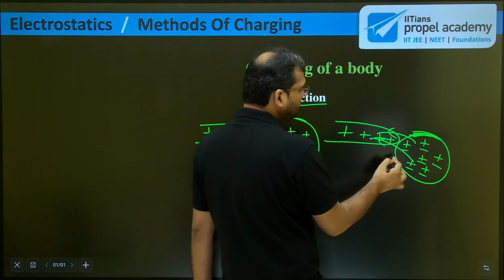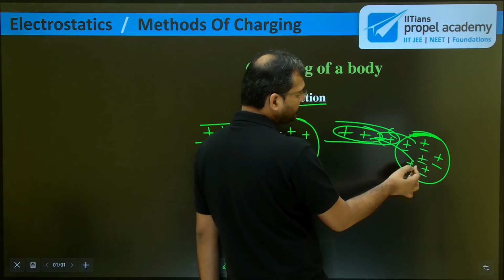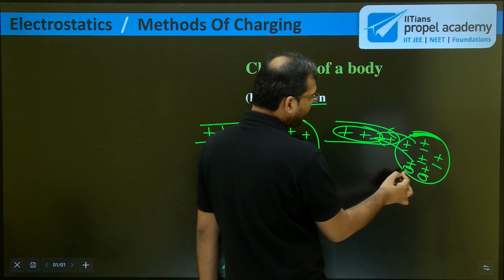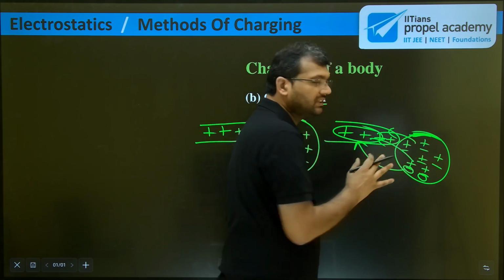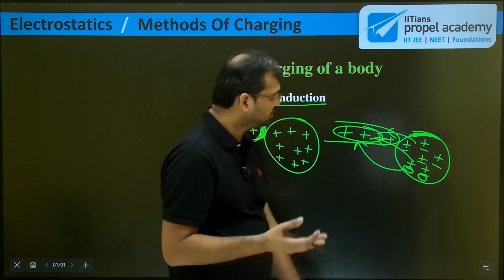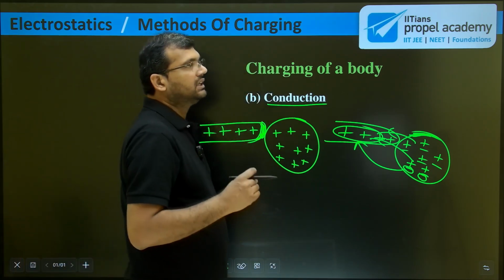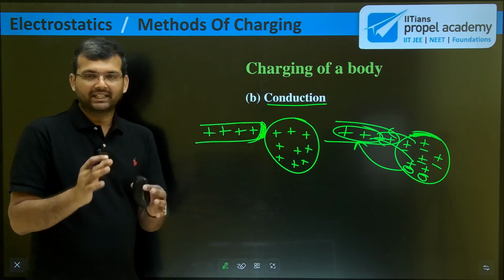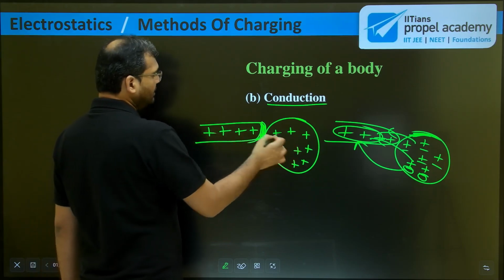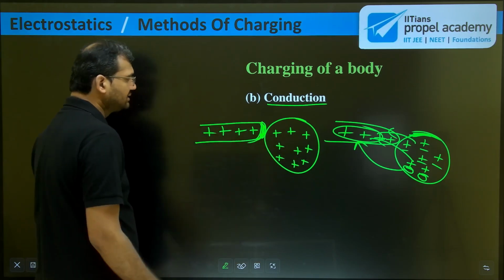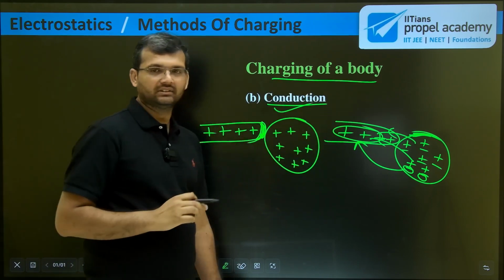Why? Because of the attractive force: the rod is positive, and these electrons are attracted by the positive charge, so they will go away, which means what is left here? Positive charge. So, when you touch a charged body to a metallic sphere or other metallic objects, the charge you have will be transferred. This is charging of a body by conduction.